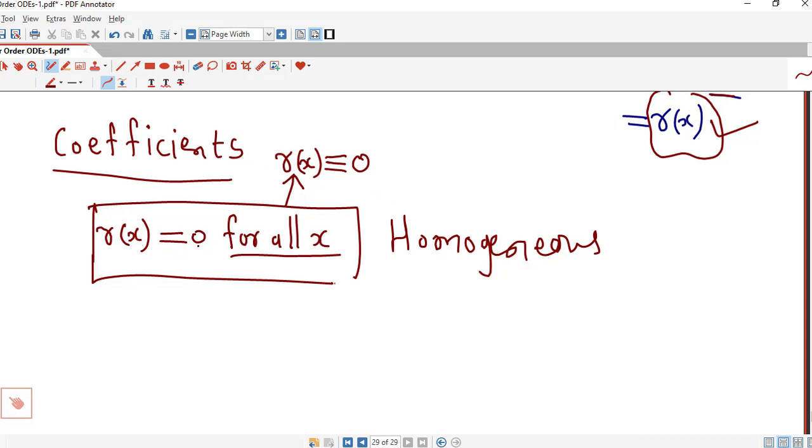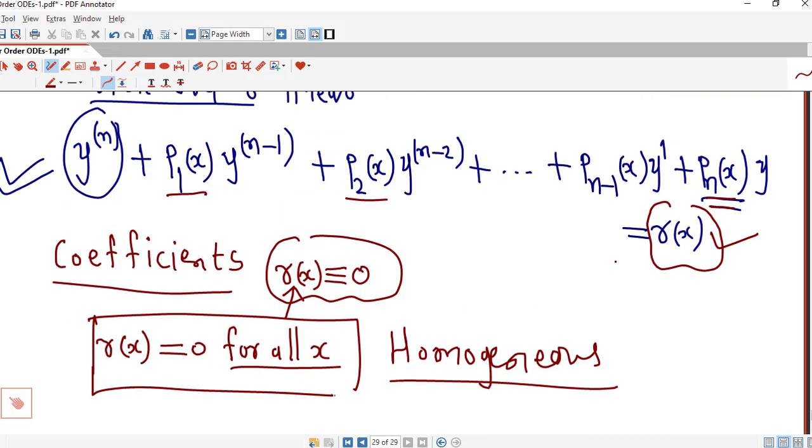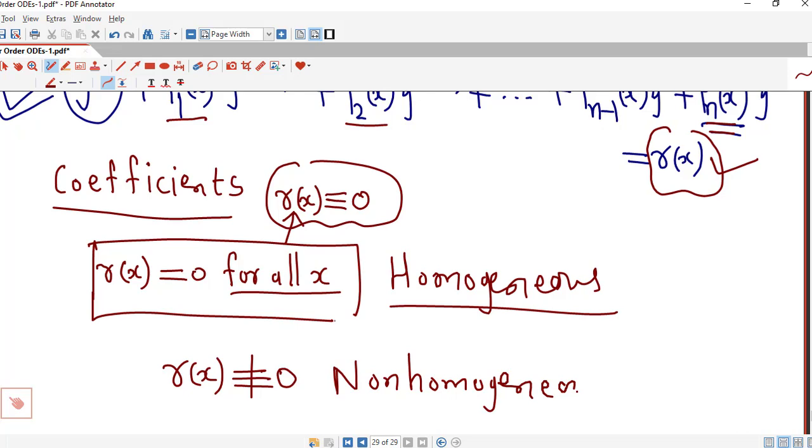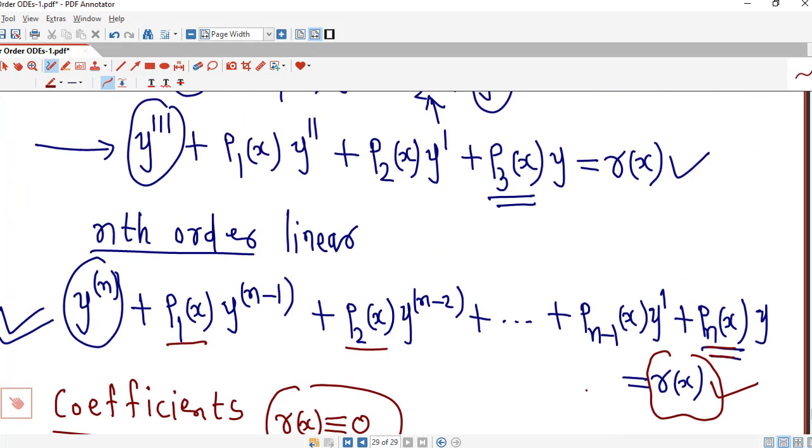So if R(x) is 0 for all x, in other words R(x) is identically equal to 0, then this linear differential equation is called homogeneous. And if R(x) is not identically equal to 0, then this differential equation is known as a non-homogeneous differential equation.